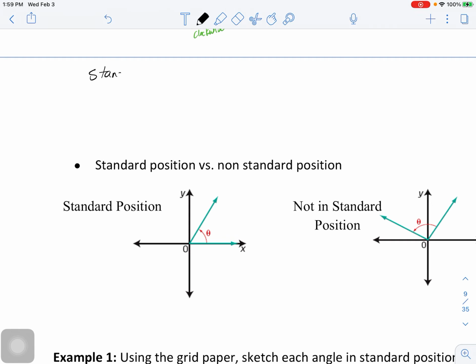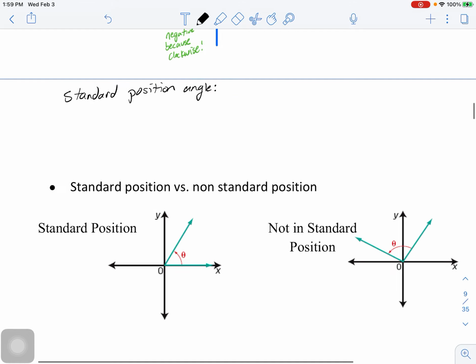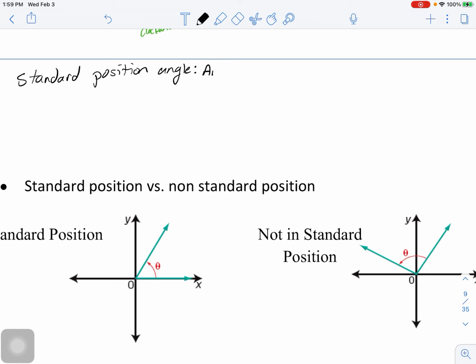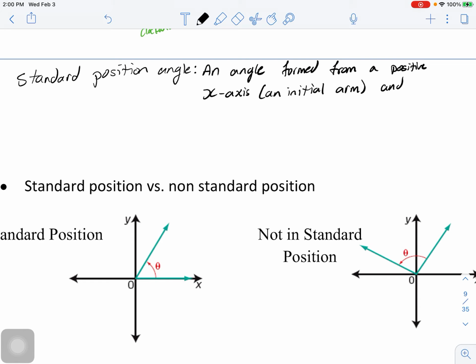A standard position angle is an angle formed from a positive x-axis, aka an initial arm, and a terminal arm that starts at the origin. So that is a standard position.